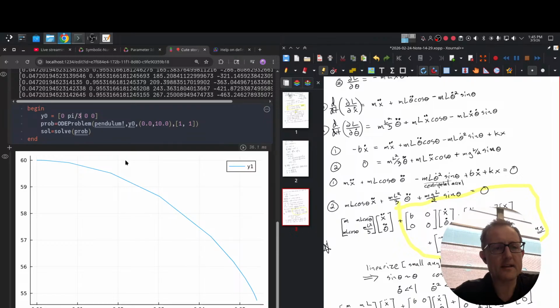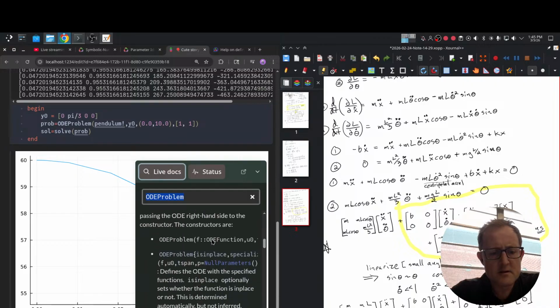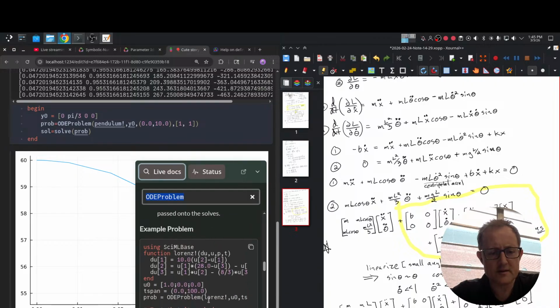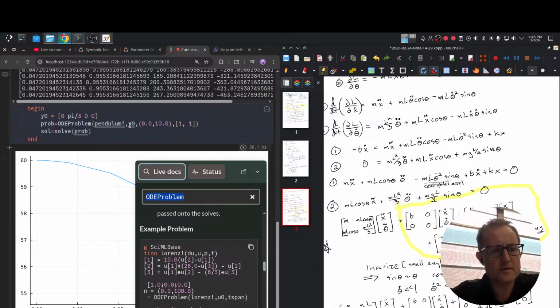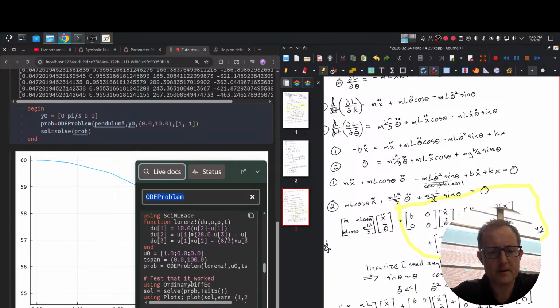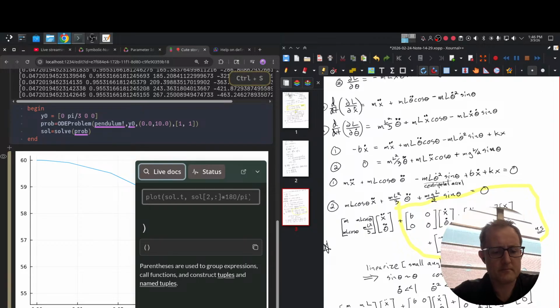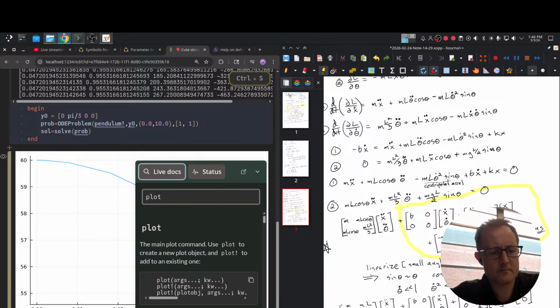I'm still not getting to 10 seconds, so let's take a look at the live docs. Usually there's an example, U0, so there's my Y0, and here's my time span. And I'm plugging that in. Let's just look at the first 2 variables here.